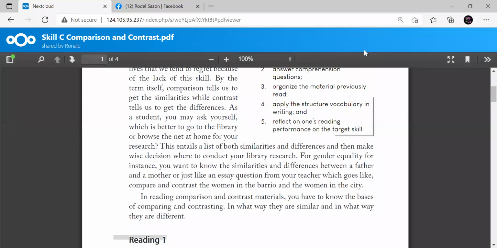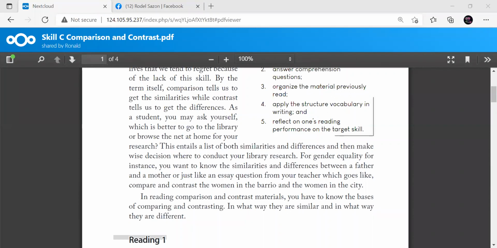Research initiates a list of both similarities and differences and then make a wise decision where to conduct your library research for gender equality.